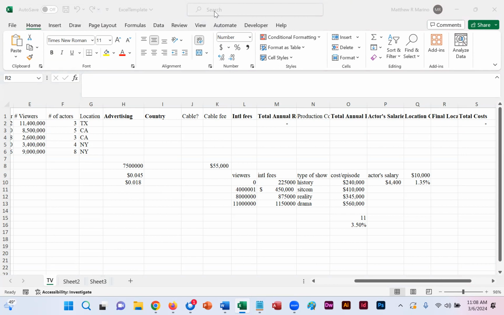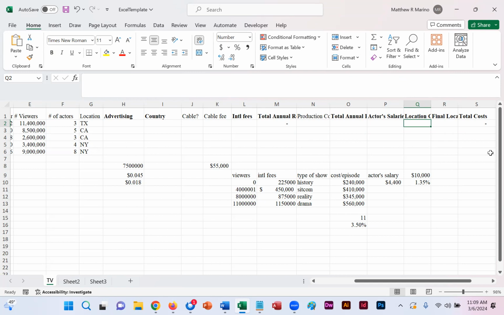When I do the location cost, I do equals IF, my location's under G3, and then equals again, quotation mark, NY, quotation mark, and then comma.